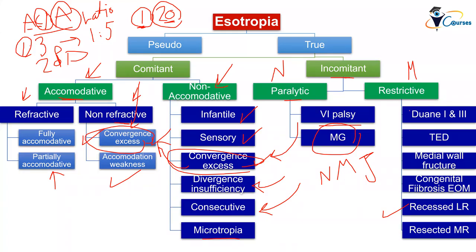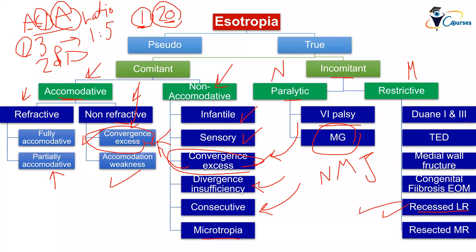For the restrictive, it can be Duane type 1 or Duane type 3. We will discuss this later. Thyroid eye disease, medial orbital wall fracture, congenital fibrosis of the extraocular muscles, recessed lateral rectus, or resected medial rectus. So if there is recession or over recession of the lateral rectus, this will result in esotropia.